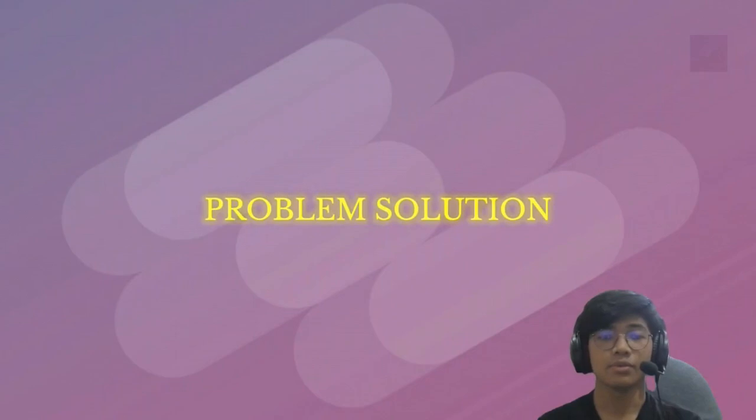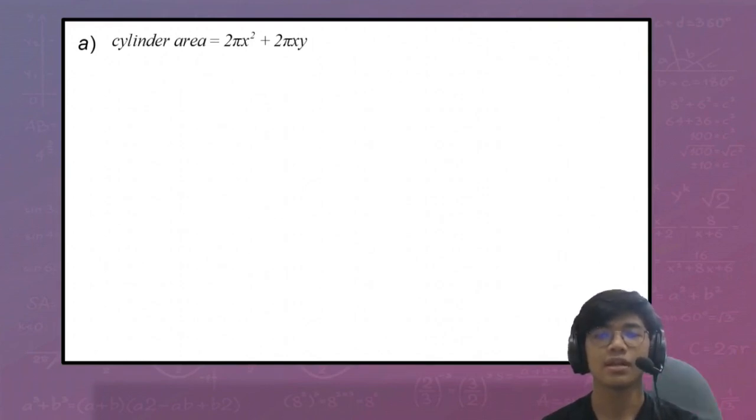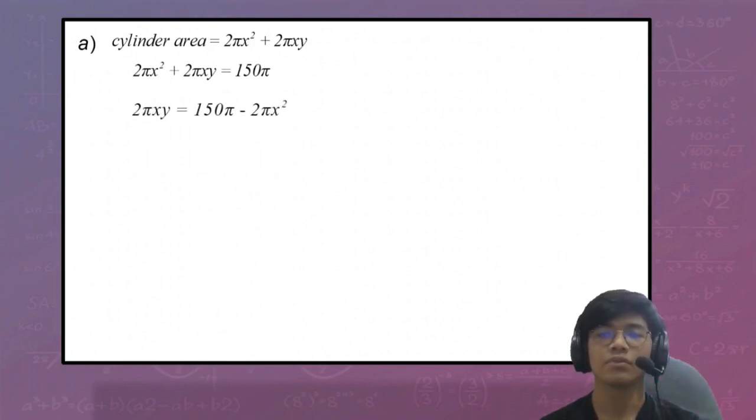Next is the problem solution. Firstly, to solve question A, first step, we must know and write the cylinder area formula, which is 2 pi x square plus 2 pi xy. Then equate the formula to the cylinder area that is already given by the question, which is 150 pi. And then move 2 pi x square to the right because we want to find y in terms of x.